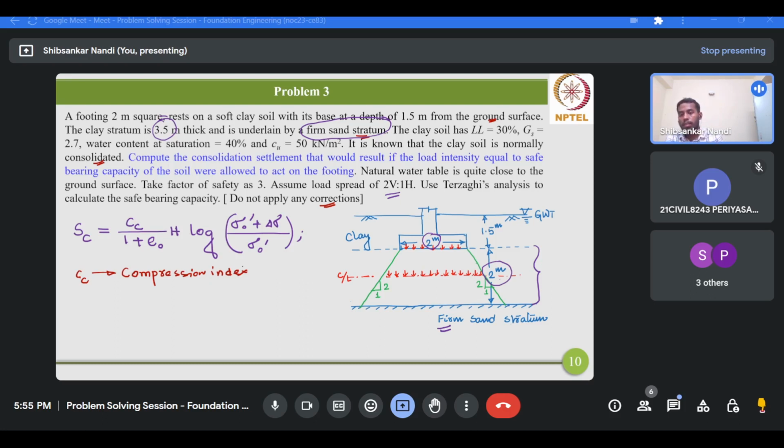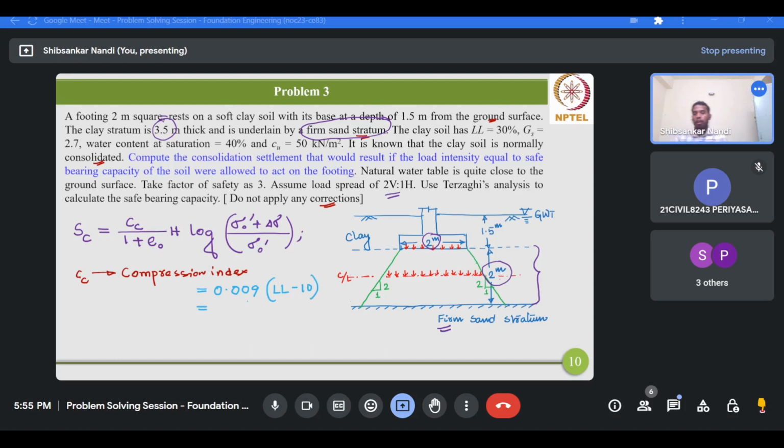We can determine it based on empirical correlations. One correlation is Cc equals 0.009 times (LL minus 10).